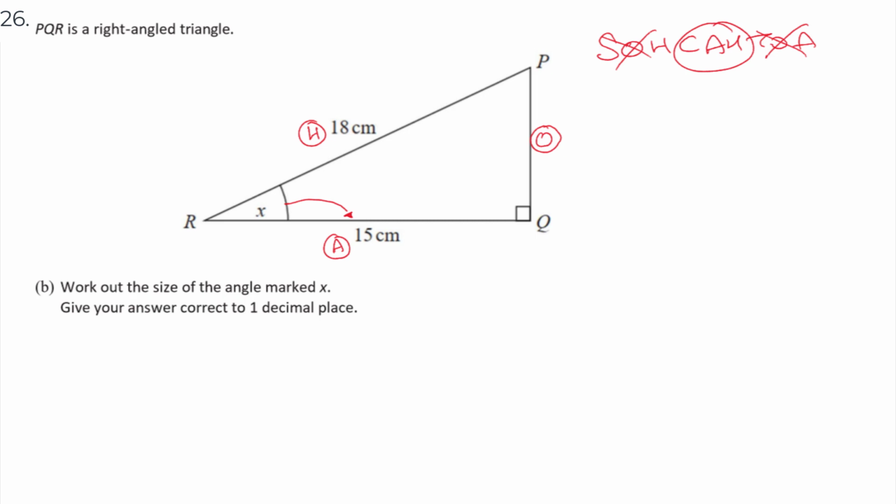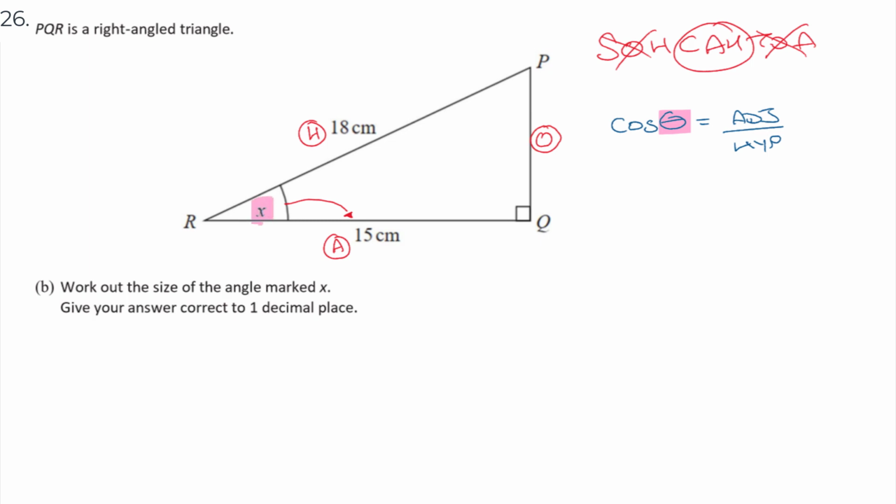Okay, so again, writing out the full equation: cos theta is equal to adjacent divided by hypotenuse. Now again, I'm going to scan through the diagram and pick out the things that I need to put into my formula. So first up, the angle.